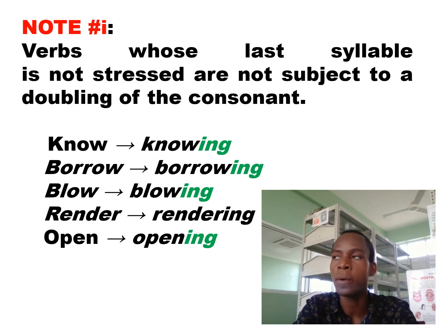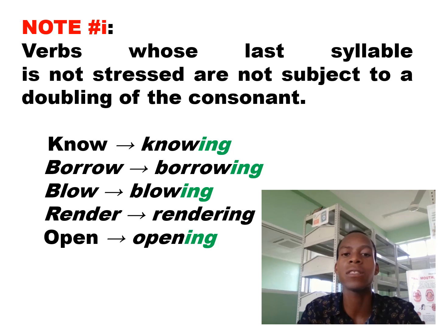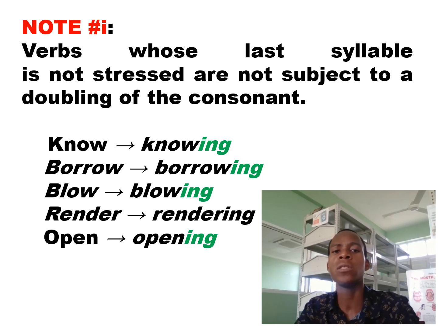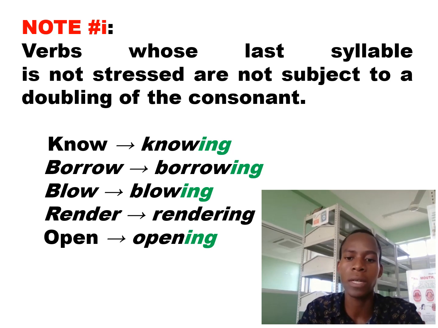This is the point to remember. Verbs whose last syllable is not stressed are not subject to the doubling of the consonant. If you have a verb whose last syllable is not stressed, not emphasized, not the target of the pronunciation in the word, then we don't double the consonant sound.